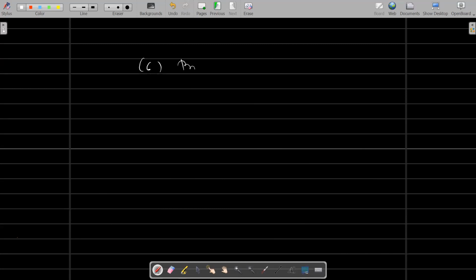Okay. Prove that cube root of 2 plus root 5 plus cube root of 2 minus root 5 is rational.